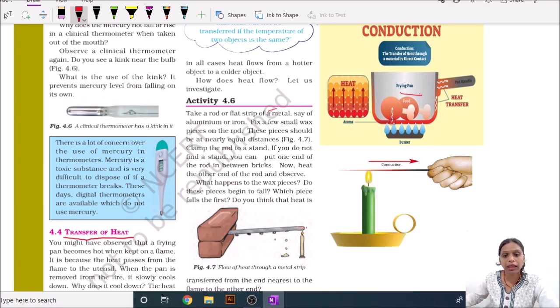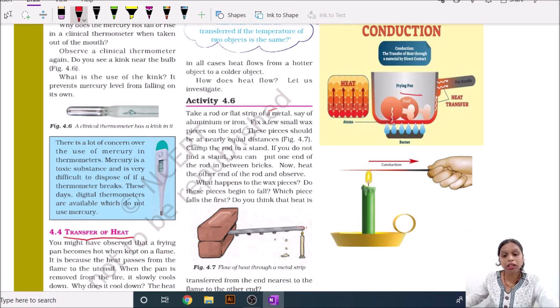You can see in this picture that you fix one end, and to the other end you give a flame from the candle. What will you feel?